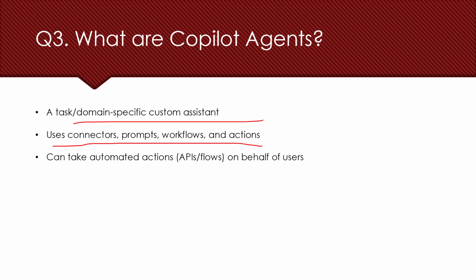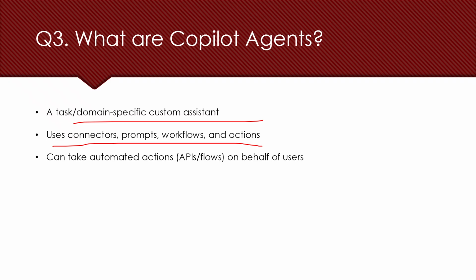We can use connectors, prompts, workflows, and actions inside the Copilot agents. For example, a service desk agent can quickly query a ticketing system, propose fixes, and open an incident automatically. Another example is a sales agent that can pull CRM insights and draft a proposal.